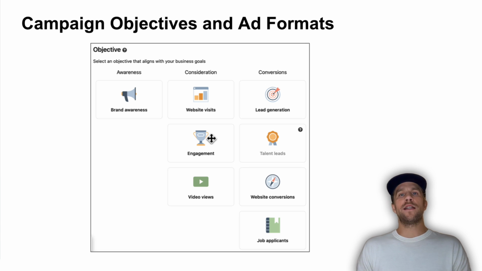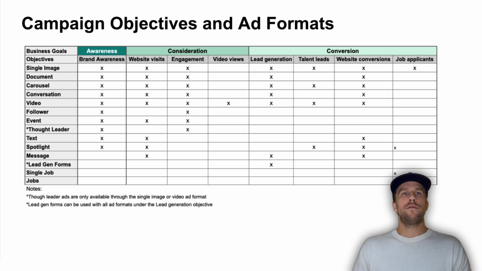Engagement is going to optimize for having people interact with your ad, so reacting with it, leaving a like, sharing it, and engaging with it. Video views is going to optimize for people most likely to watch a video ad. And the lead gen objective is going to try to optimize to get people to fill out a lead gen form on LinkedIn. Each of these objectives has different ad formats available within them.